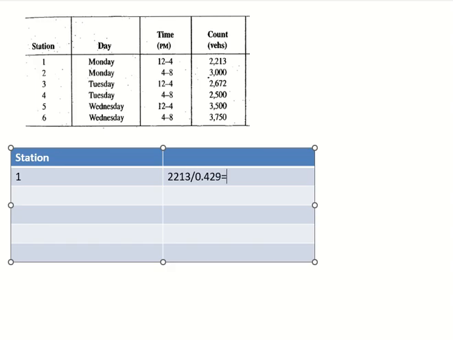Okay, this will give me the full 8 hours. Location 1, how much is that? 5159. Okay, these are now 8 hour counts.